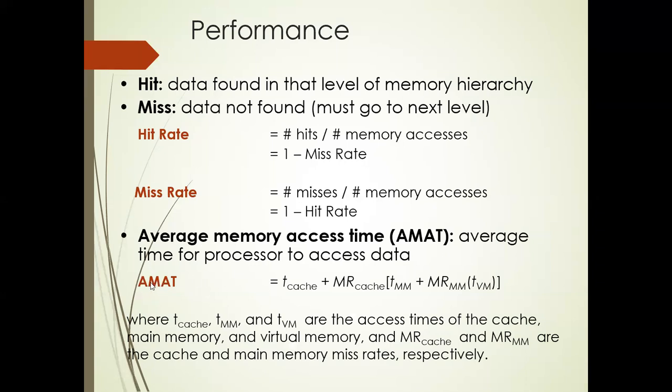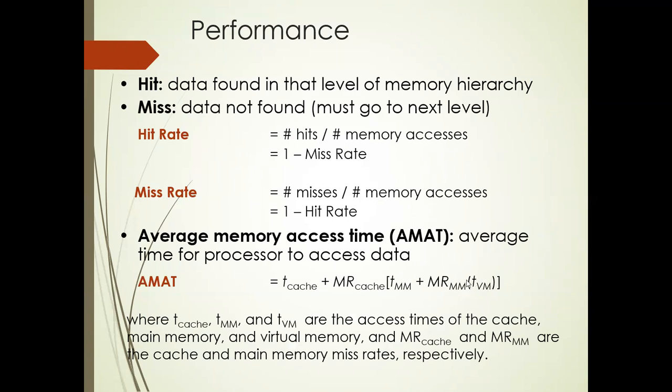The AMAT, which is the average memory access time, is equal to the time to access the cache plus the miss rate in the cache times the miss penalty. Which means that if you have a miss, the data is not in the cache, then there is some penalty in which you will access the data from the main memory. Else, if the data is not in the main memory, then you need to access it from the virtual memory, because you have a miss rate in the main memory.